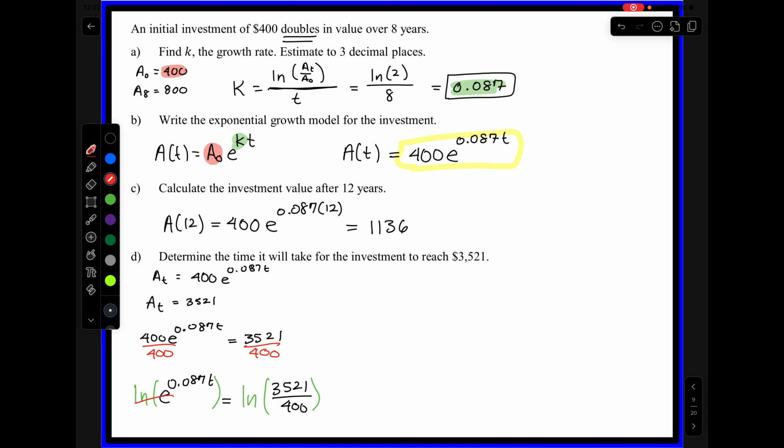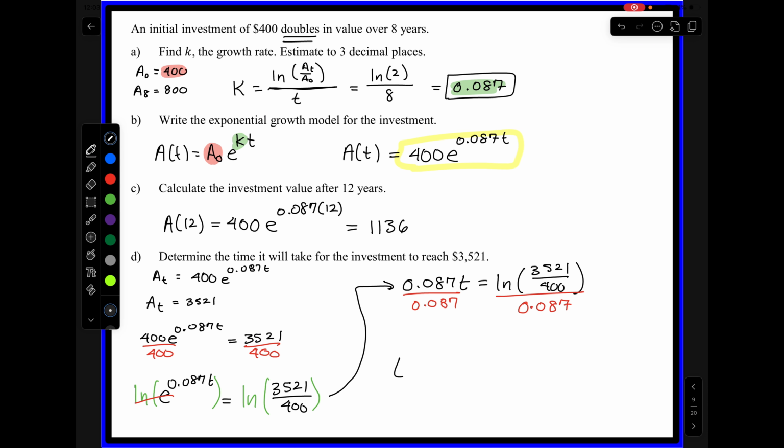In simple terms, it does that. So 0.087t equals the natural log of, again, that ratio. Then we're going to divide both sides by the value of k. So t equals the natural log of 3521 over 400, divided by 0.087.